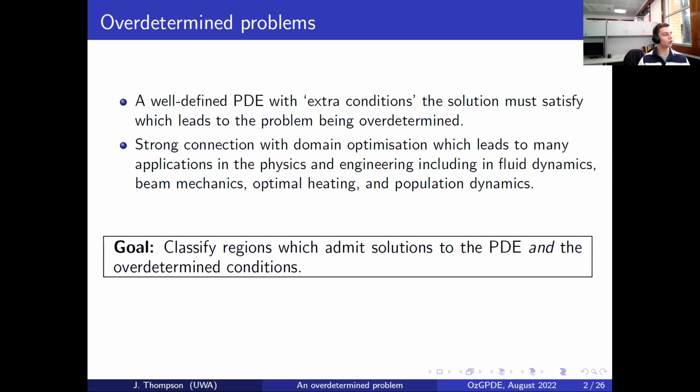So the goal when we look at these overdetermined problems is to classify the regions which admit solutions to the PDE and the overdetermined problem. The emphasis is no longer really on the solution, but on the region that the solution is defined in.